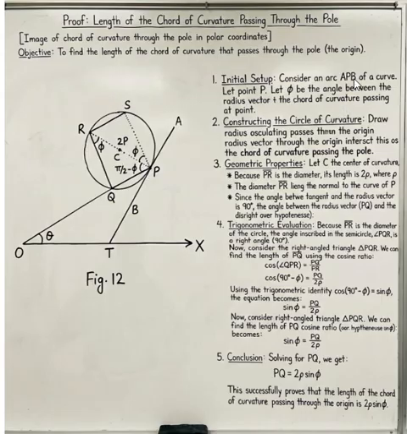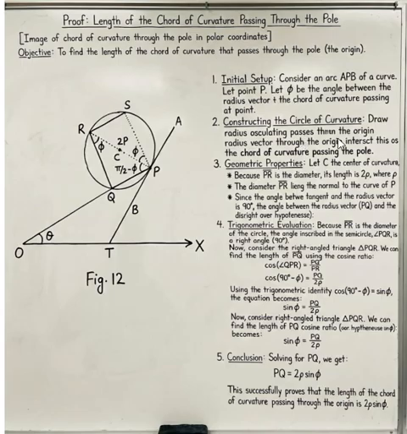Initially, as I told you, there is a curve APB, and let phi be the angle between the radius vector and the tangent drawn at that point.